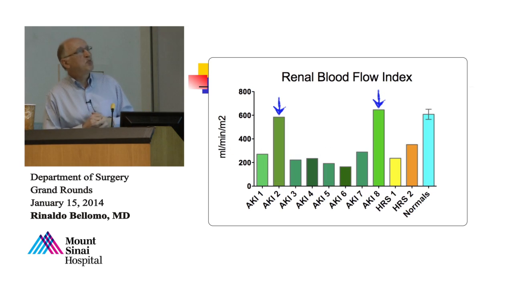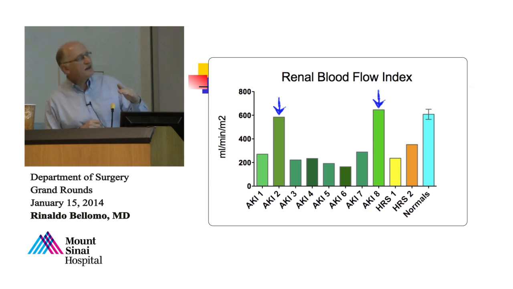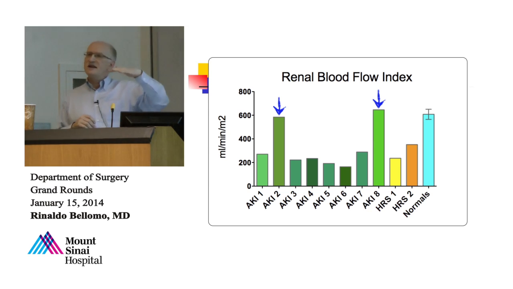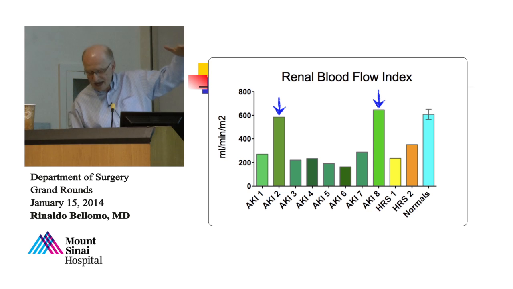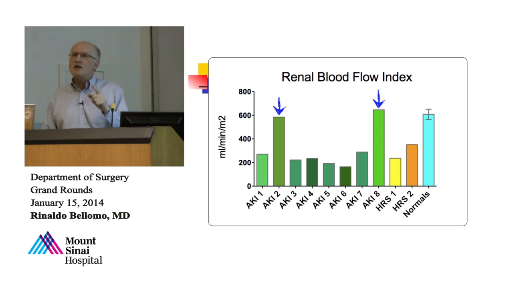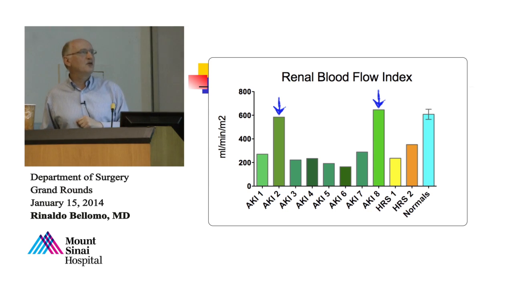When you look at the renal blood flow index adjusted for body size, you can see that overall in these patients that had established renal failure, the actual renal blood flow is not what we've seen so far, but it has actually gone down. However, in the 2 patients that were hyperdynamic, the cardiac output was high and the renal blood flow was high.